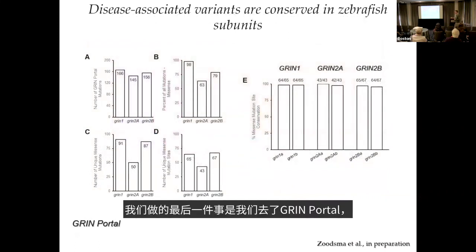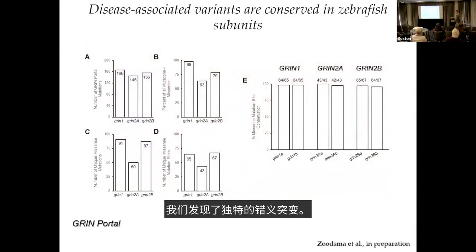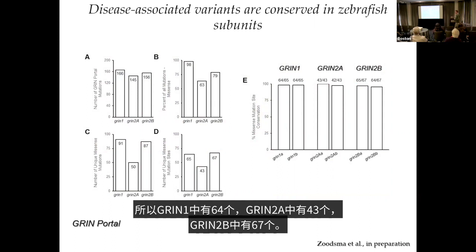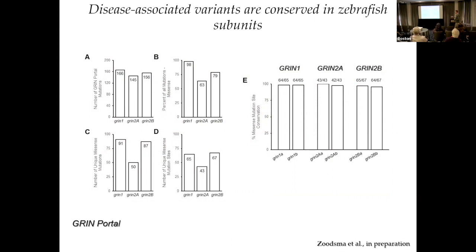The last thing we did is we went to GRIN portal and identified unique missense mutations. There are 64 in GRIN1, 43 in GRIN2A, and 67 in GRIN2B.